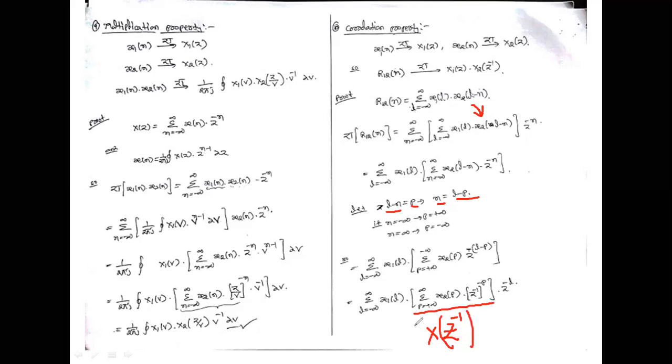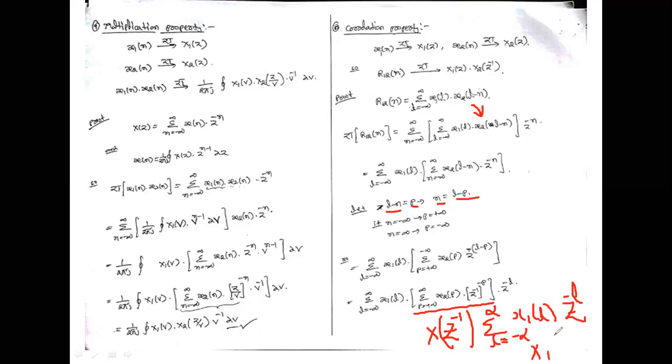And what is the remaining function? The sum of L equal to minus infinity, here it is x1 of L and z power minus L. So L is a variable. It is also one definition of the Z transformation with the signal x1.